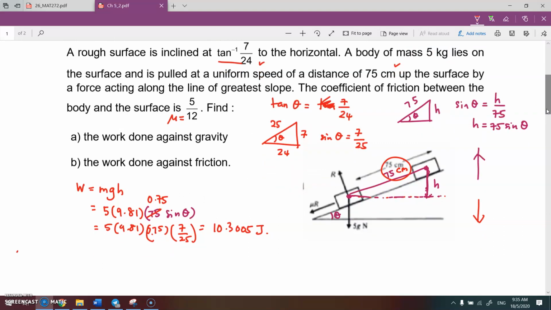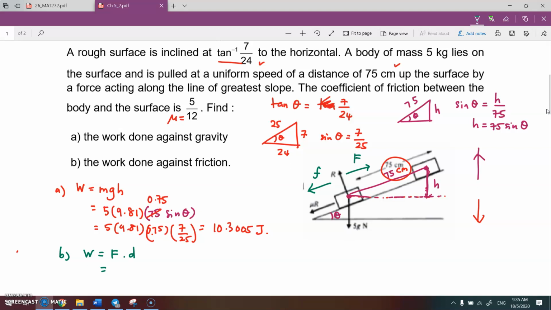So now we're going to find the work against the friction. For the friction, work is the frictional force times distance.